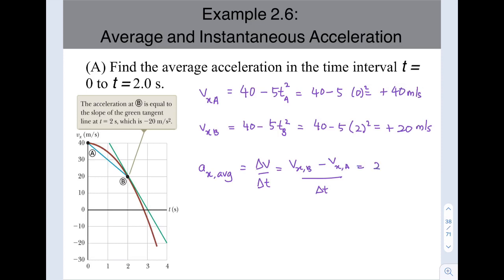So 20 minus 40 over the time taken between 2 and 0 seconds. So you will get your answer, negative 10 meters per second squared.